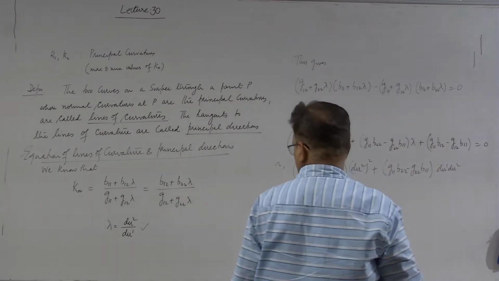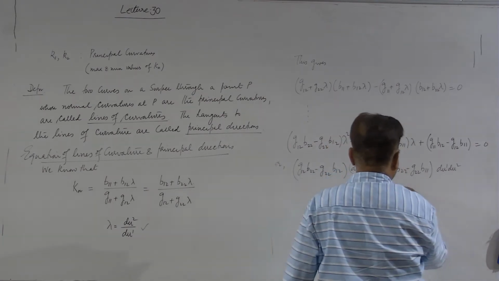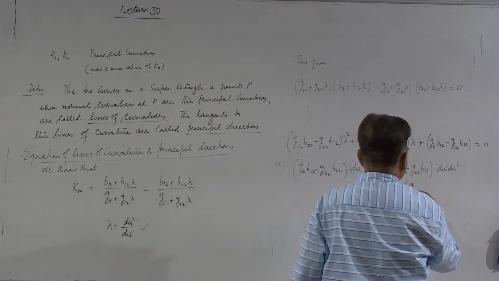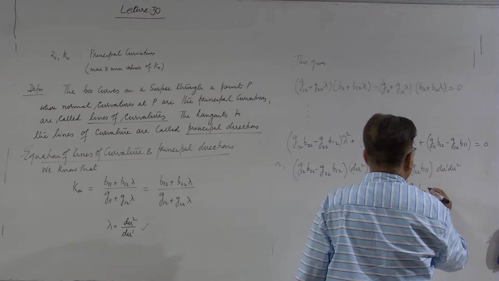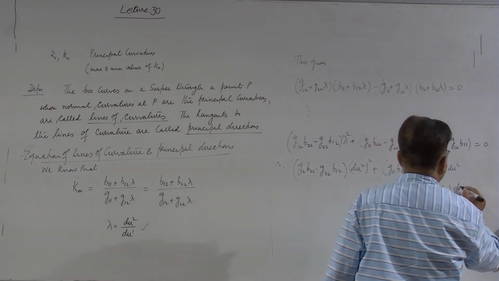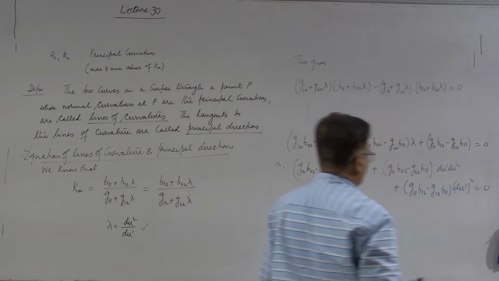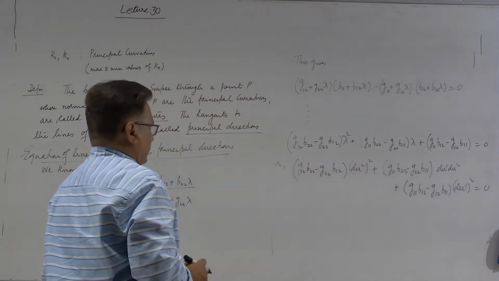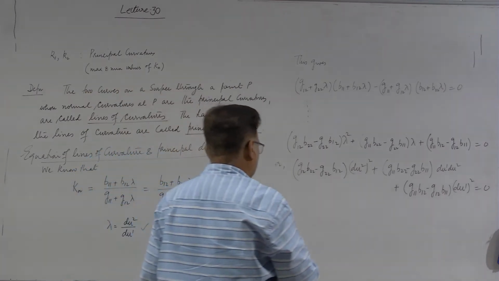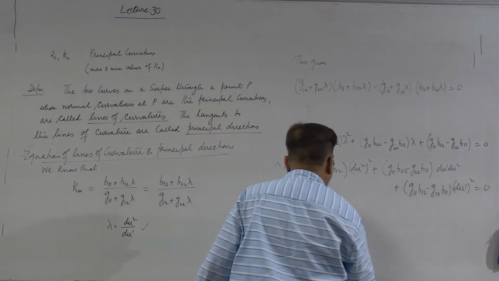I have multiplied throughout by du1 square as well, and the last term here is g11 into b12 minus g12 into b11 du1 square equal to 0. You can see that this can be written in a very simple manner as a determinant.